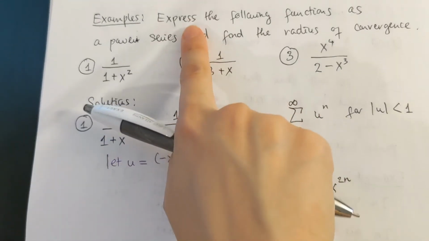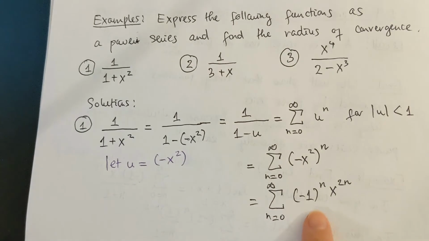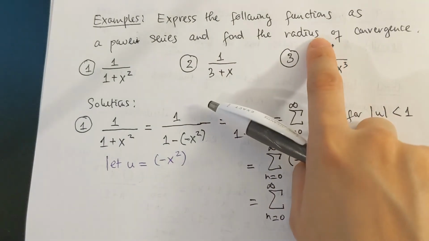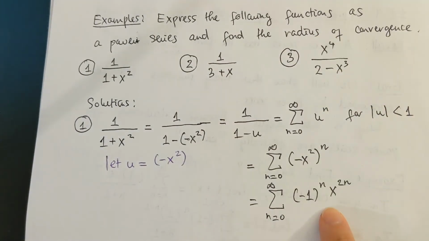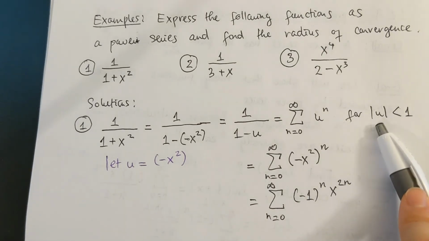Okay, so we managed to finish the first step, expressing the function as a power series. Now let's talk about the convergence of this power series. This power series is convergent as long as the magnitude of u is less than 1.